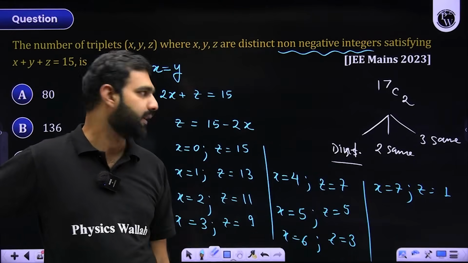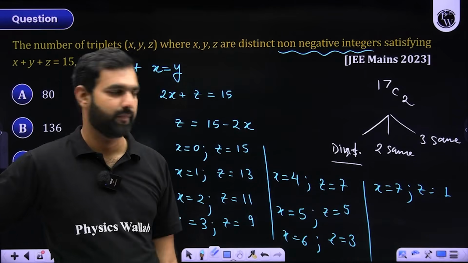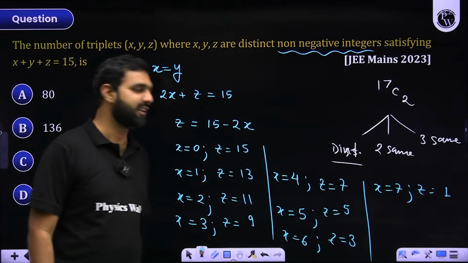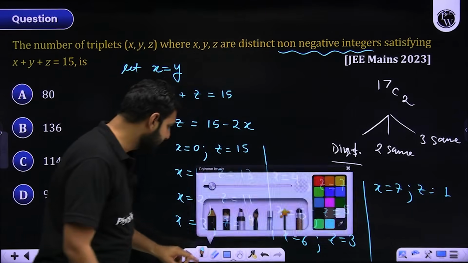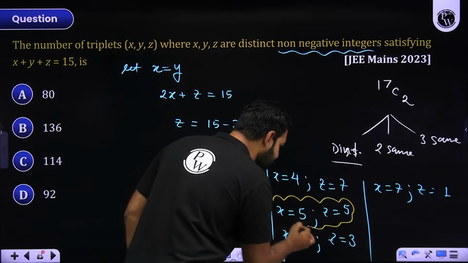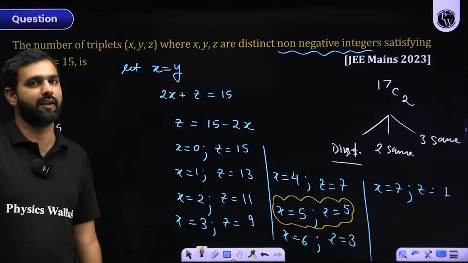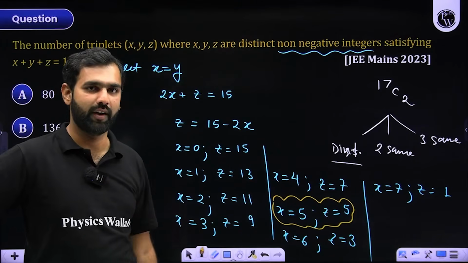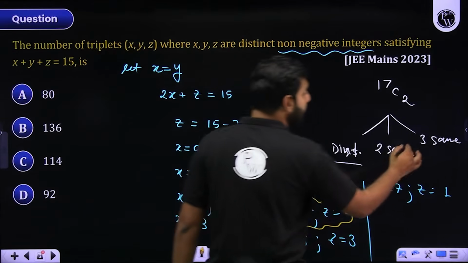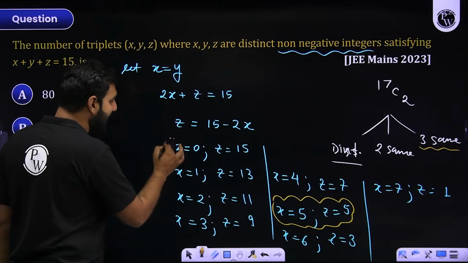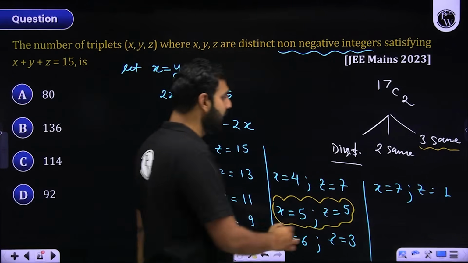Did you all get this part? I hope there is no confusion on this front. So these are the 8 cases which we have seen here. But in these 8 cases, are you not noticing that this is a particular case where all 3 of them, x, y, z, are equal? Because x is 5, y is also equal to x, which is 5, and z is also equal to 5. So this case should be treated separately. So shall I not say, if I had 8 cases, because we started with 0 and we reached 7.